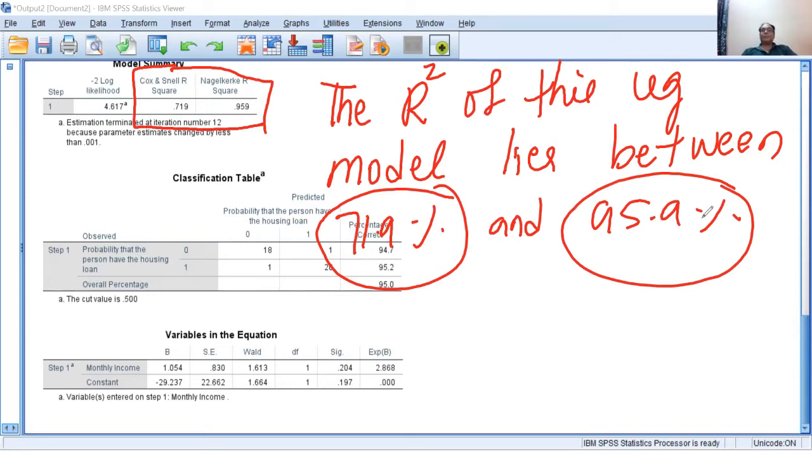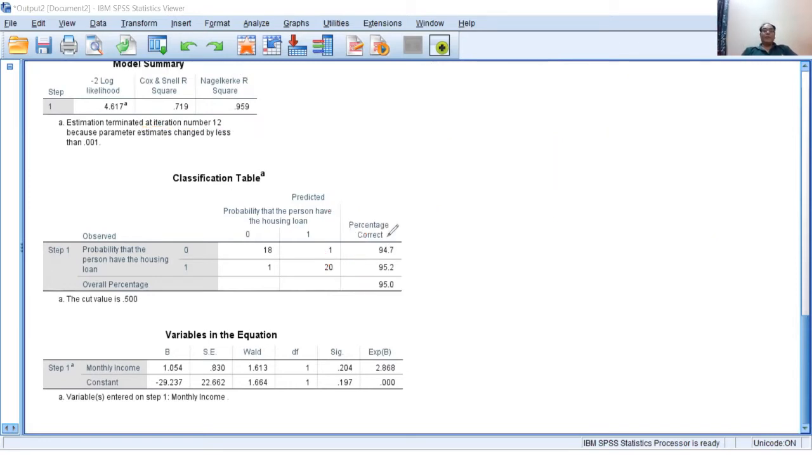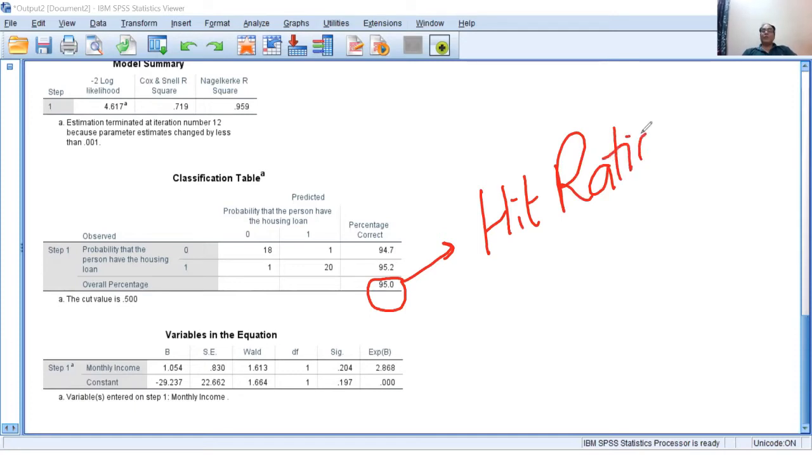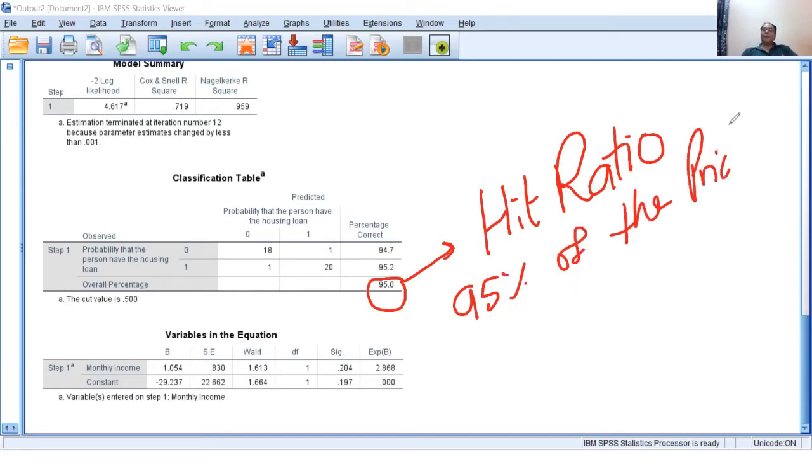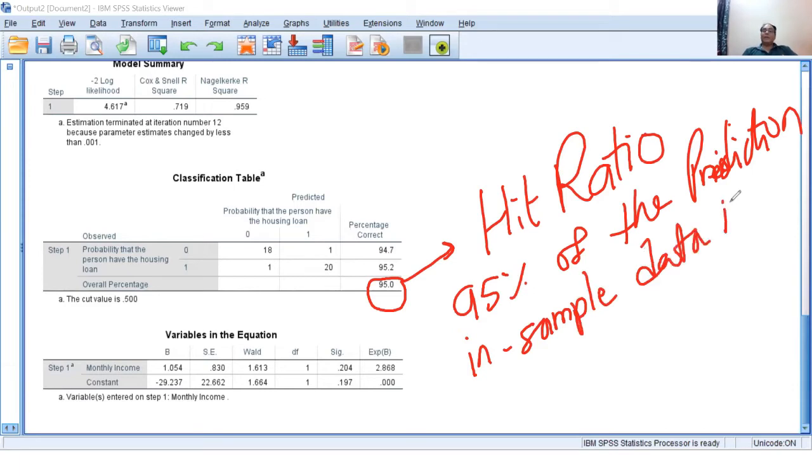After that, we are having the value called hit ratio. This is a ratio which is telling you the accuracy of the model. This ratio is known as hit ratio, and this 95% is indicating that 95% of the predictions are right. 95% of the predictions in sample data are accurate.